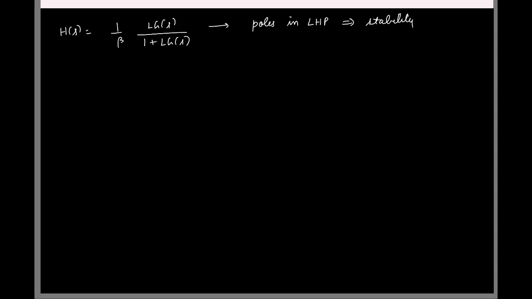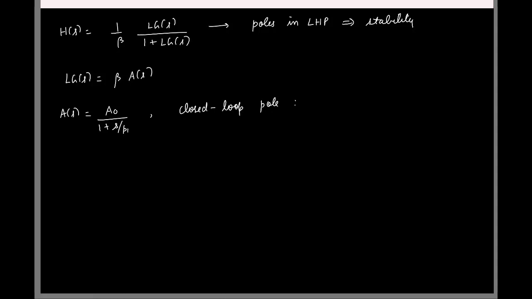Right? And again, loop gain is beta times A of S. So for a first order system, I'll write this again. For a first order system, where is the closed loop pole? You already saw that, right?